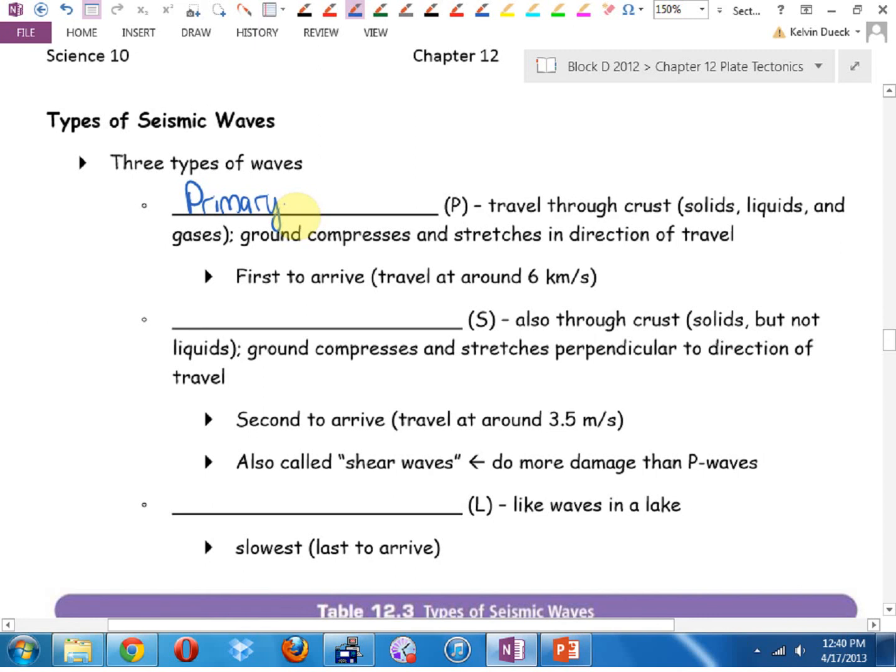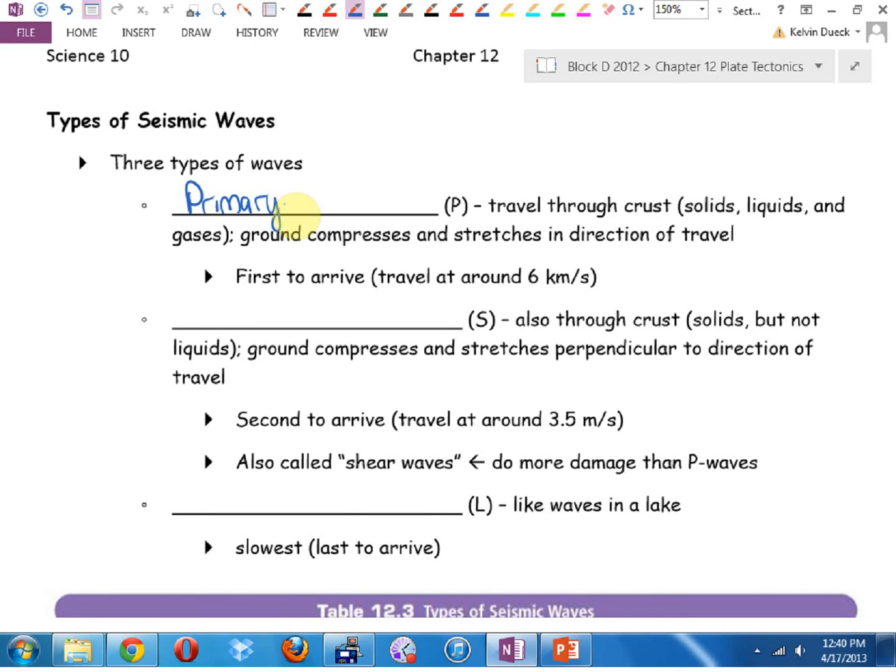P for primary. These travel through the crust, but they'll travel through solids and liquids and gases. The ground compresses and stretches in the direction of travel, and they are the first to arrive. They travel at around 6 kilometers per second. As soon as we detect those, because primary waves don't do that much damage, they do some, we have a very short window to start warning people.